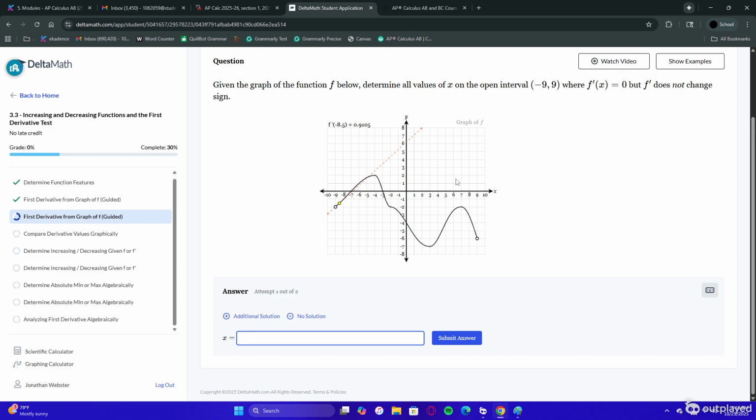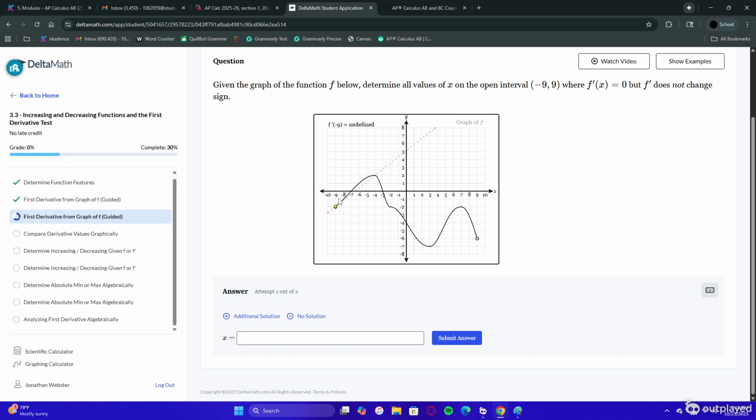So whenever the slope is horizontal, that would be right here, right here, right here, and right there. So we have 4 x coordinates where f prime of x is equal to 0, where the slope is 0, because this line is horizontal, right?